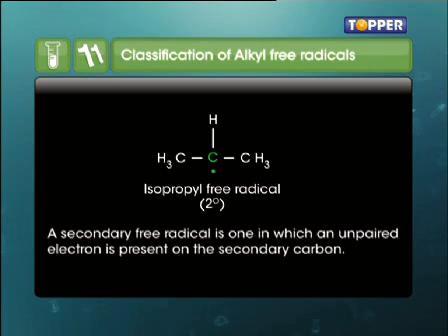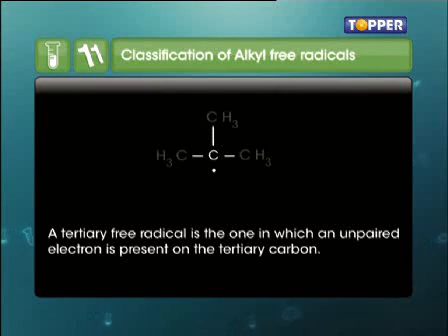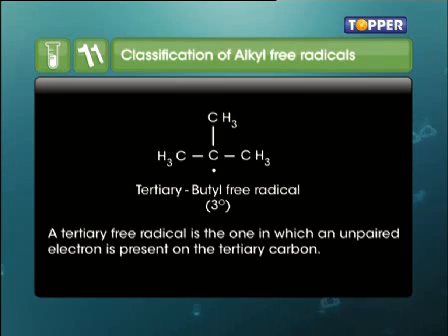A secondary carbon is that carbon which is bonded to two carbons. A tertiary free radical is the one in which the unpaired electron is present on the tertiary carbon. As you know, a tertiary carbon is that carbon which is bonded to three carbons.